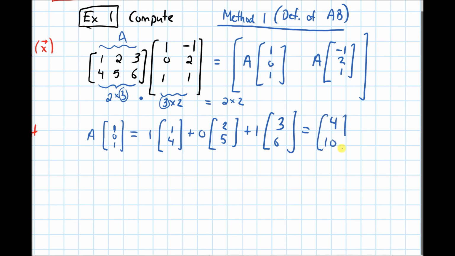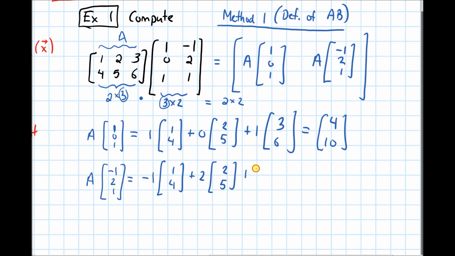If we add these together, I'm going to get 4 for the first entry, and then 10 for the next entry. Now I have to do the same thing to figure out the next column, which is A times -1, 2, 1. If I form a linear combination in the same way, I'll get -1 times the first column of A, plus 2 times the next column of A, plus 1 times the last column of A, 3, 6.